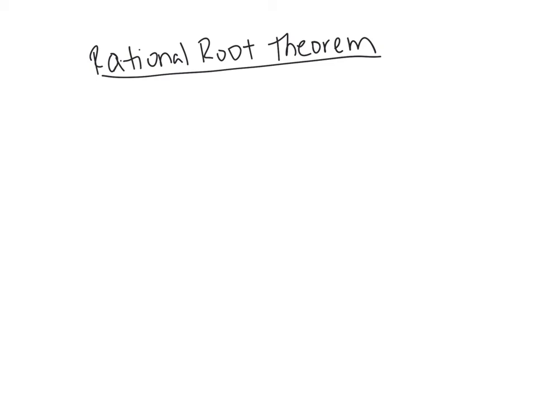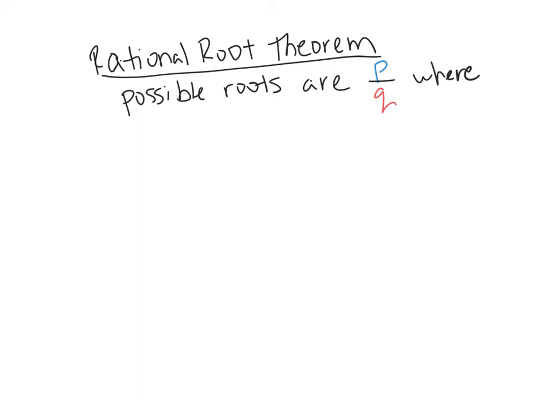So the rational root theorem states that we can find the possible roots with integer coefficients by taking factors of the constant divided by factors of the leading coefficient. So, in shorthand, how do we find possible roots?